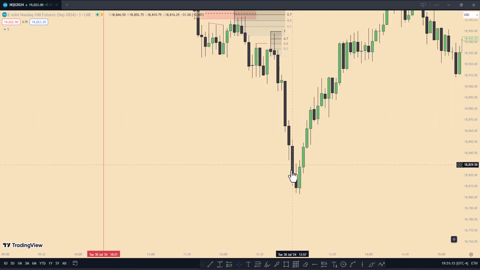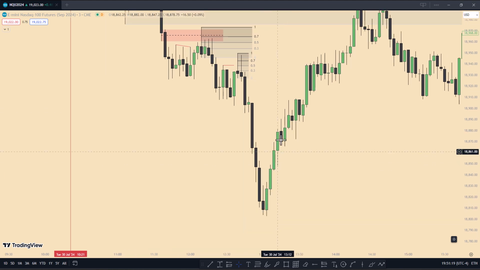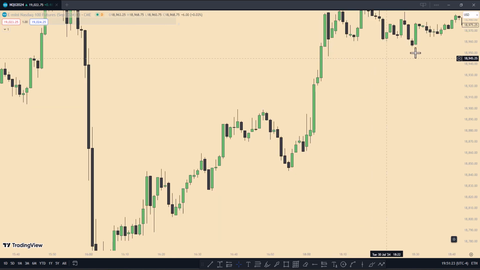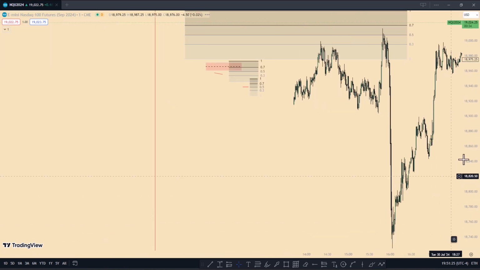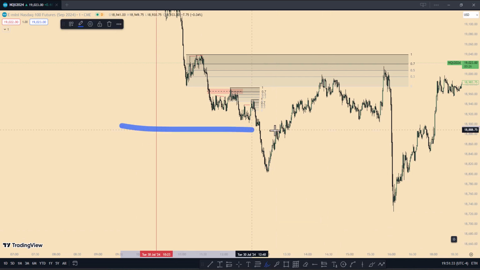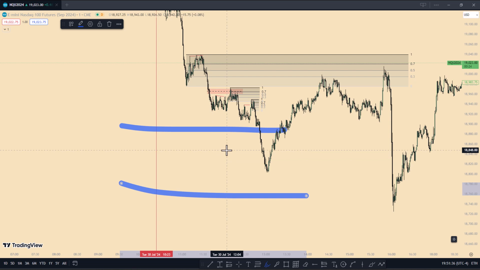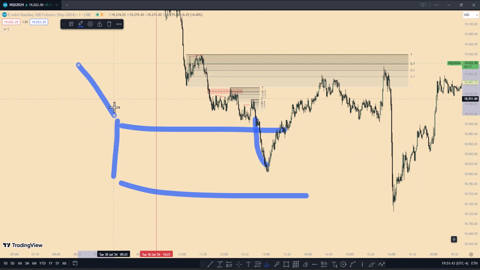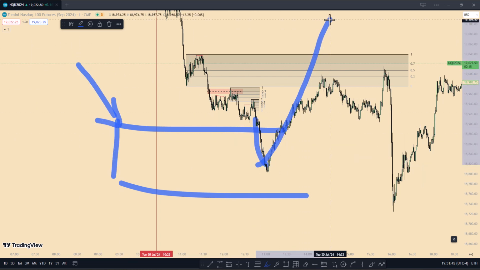So another huge move to the downside, and now price started trading to the upside right here. So what happened here is that we tapped into an old level, but don't assume just because we tapped into an old level to the left, it means that this is the zone that's gonna push price to the upside, right?